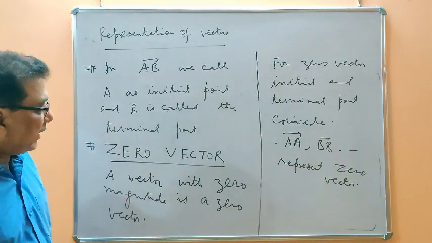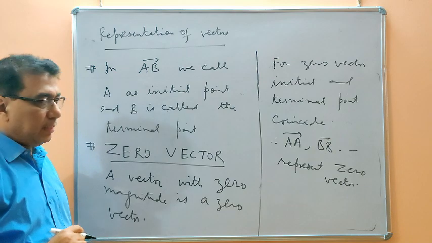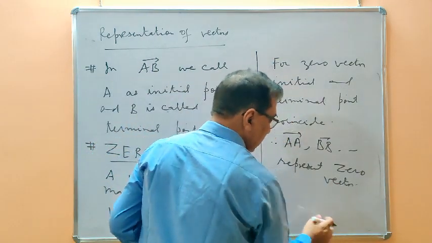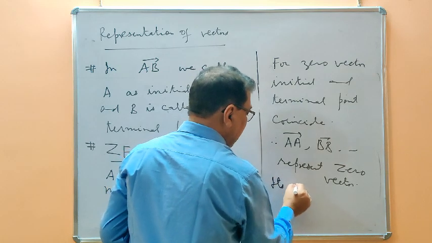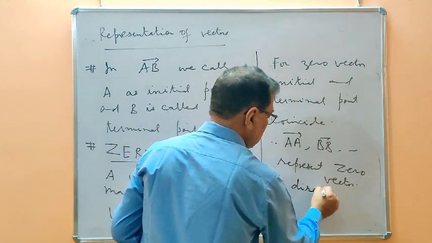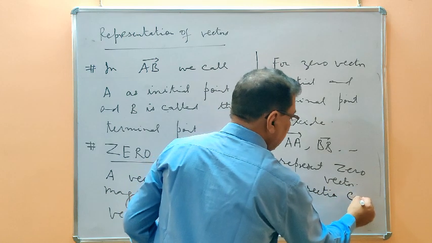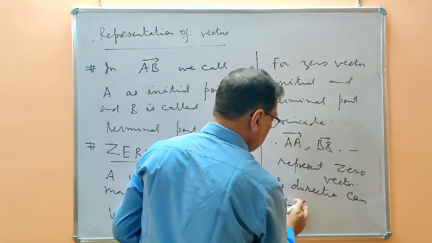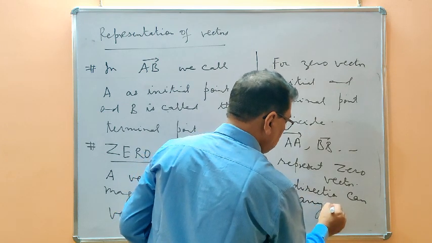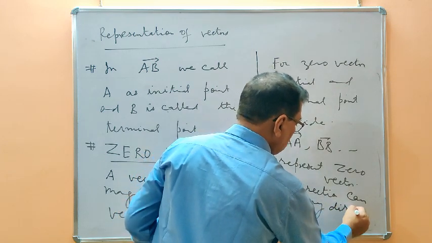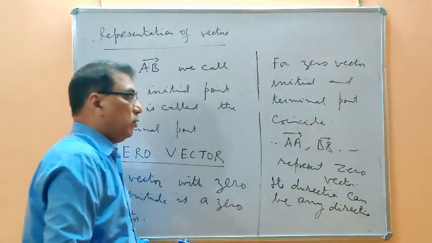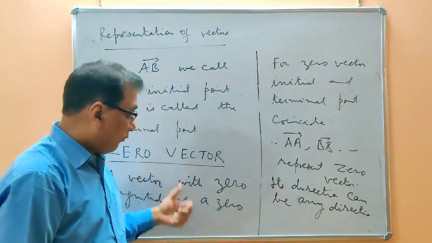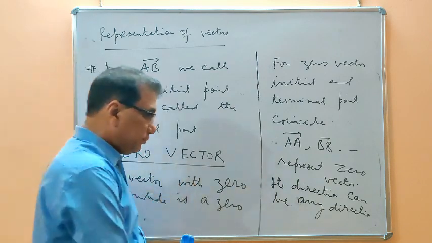Now what about the direction of zero vector? Okay, so in fact its direction can be any direction. Okay, so magnitude is 0, direction can be any direction. And what about its support?